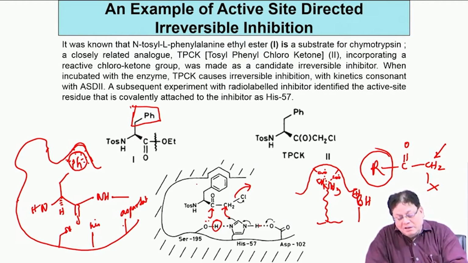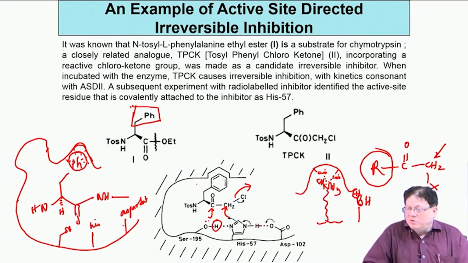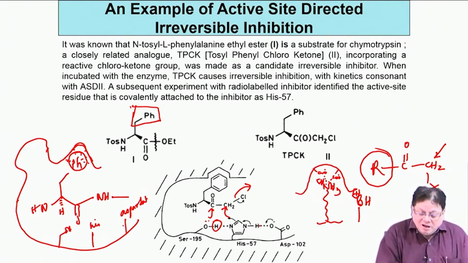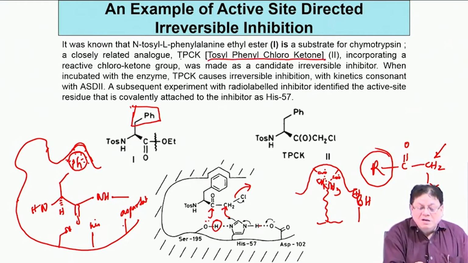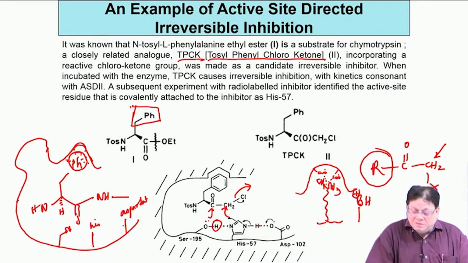Because it has a reactive functionality, COCH2Cl, the imidazole acts as a nucleophile, attacks this carbon and forms a carbon-nitrogen bond. This first example is the compound called tosyl phenylalanine chloroketone, abbreviated as TPCK.